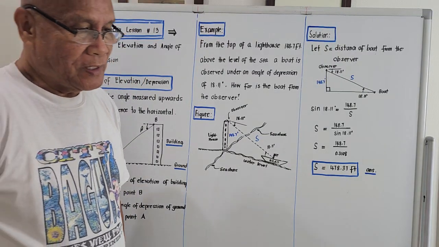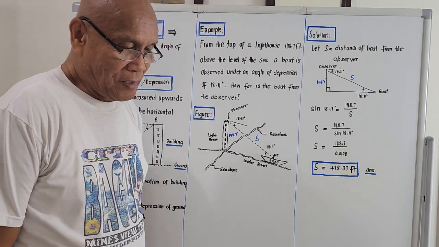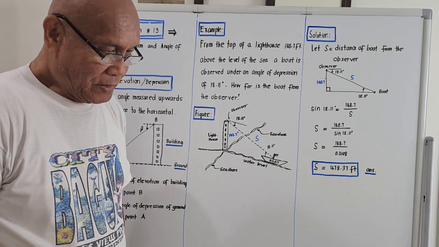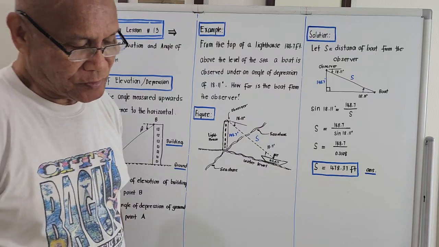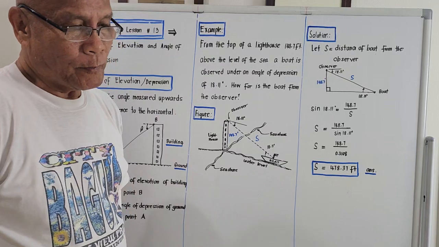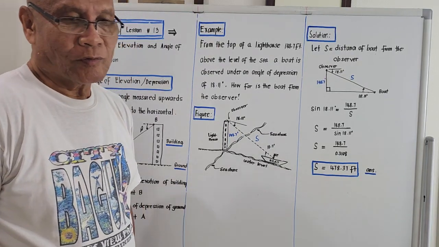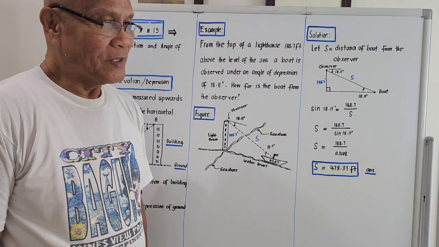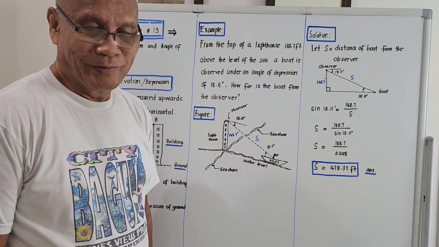The last time around, I discussed the solution of a right triangle. There are 5 possible cases. The other discussion next to that will be the so-called bearing of a line or a point, because there are some problems in trigonometry in which we encounter bearing and angle of elevation or angle of depression.